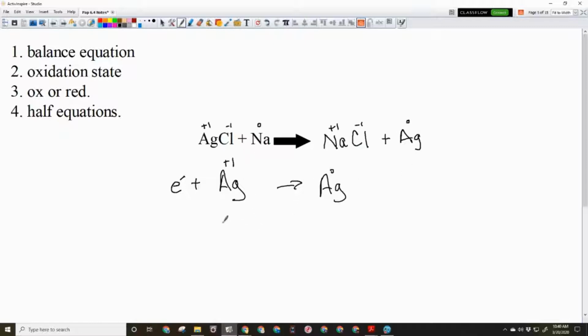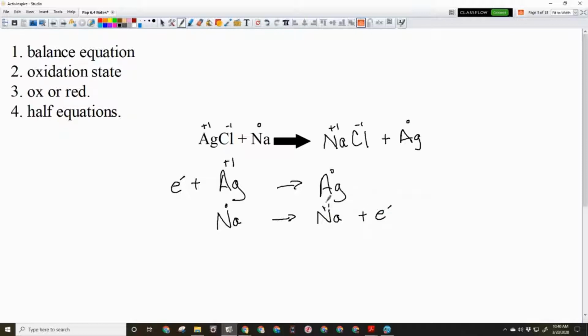All right, so let's look at sodium. We have sodium here. That is a 0 oxidation state, and it's going to a sodium here that's got a +1. So how does this happen? How do we get from 0 to +1? Well, this has got to lose an electron.